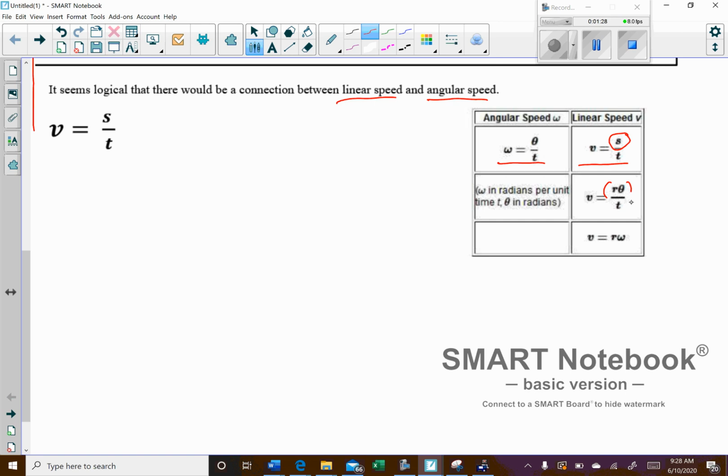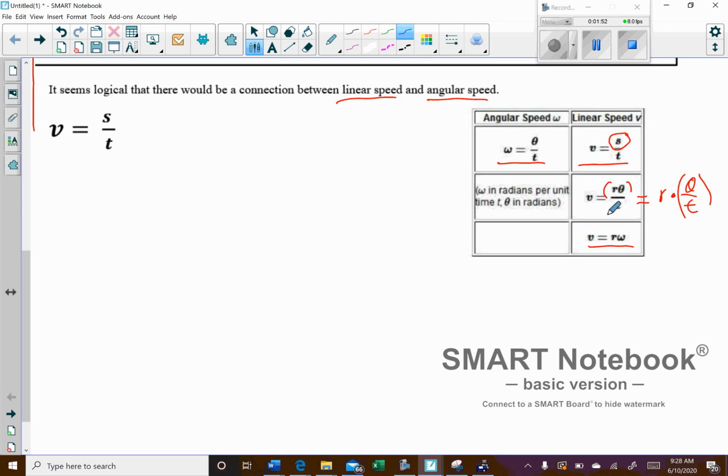You could break this apart and put it as r times theta over time, which is actually the same thing as our angular speed. So you could substitute that for angular speed, where arc length is equivalent to radius times angular speed.